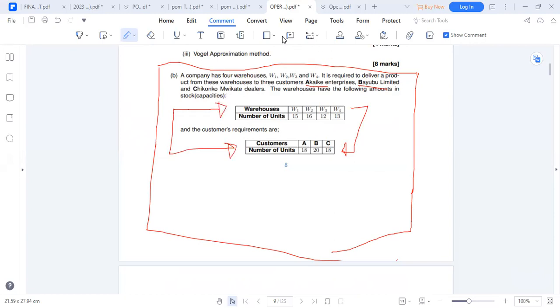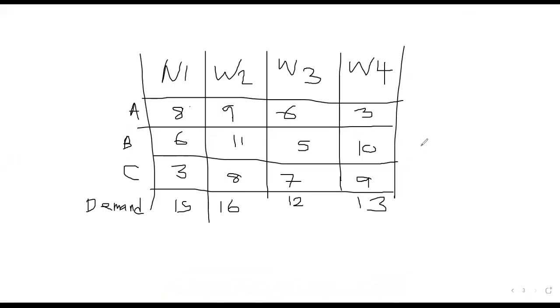Then the supply, we are going to have 18, 20, 18, meaning that we are going to have 56 here.